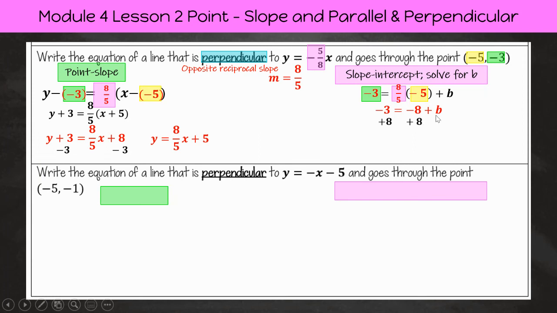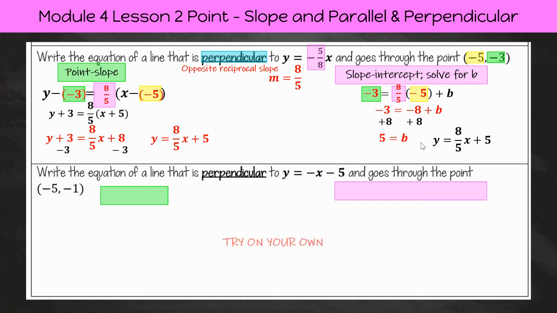And then I'm going to add 8 to both sides, and -3 plus 8 is going to give me 5. So again, I found the y-intercept of 5 both by doing the point slope form and the slope intercept form. It does not matter which format you use as long as it works for you. So I got the same equation, y is equal to 8/5 x plus 5.